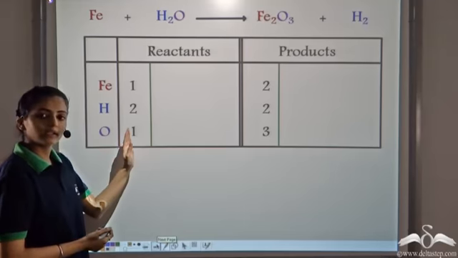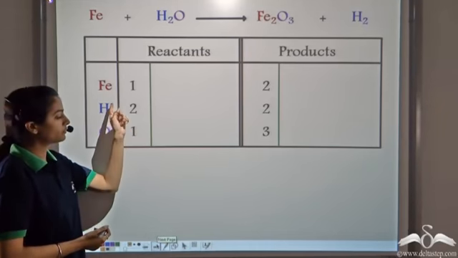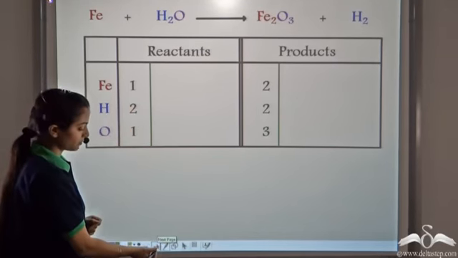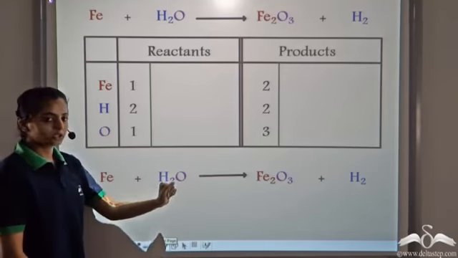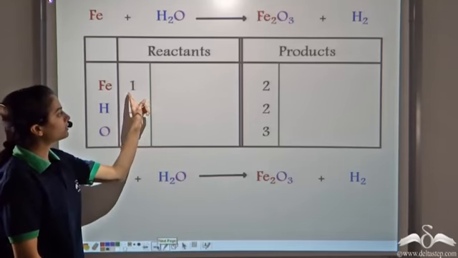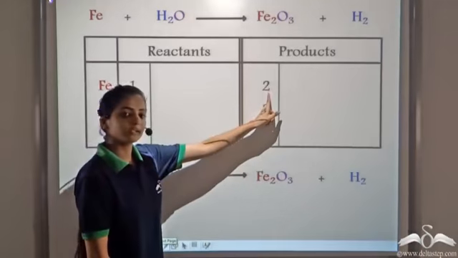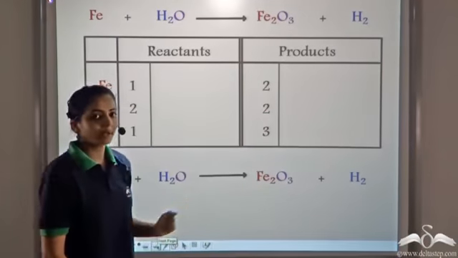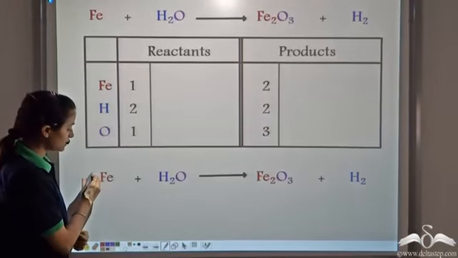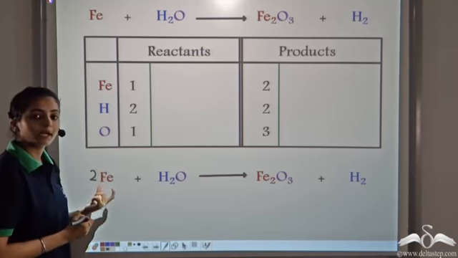Alright, so these are the number of atoms of the different elements on the reactant and product sides. So let's take our equation. Now, we see that there is 1 iron atom on the reactant side and 2 iron atoms on the product side. So how can we balance iron? We can balance iron by multiplying this number by 2.